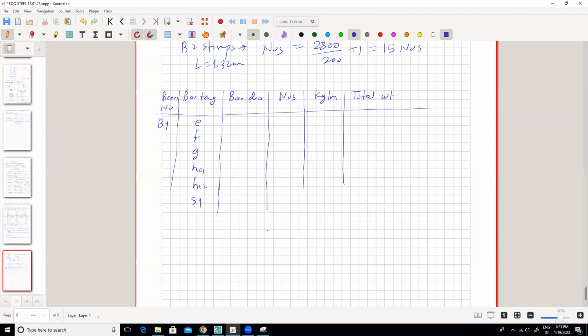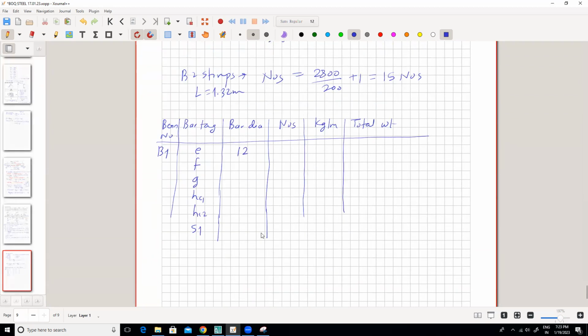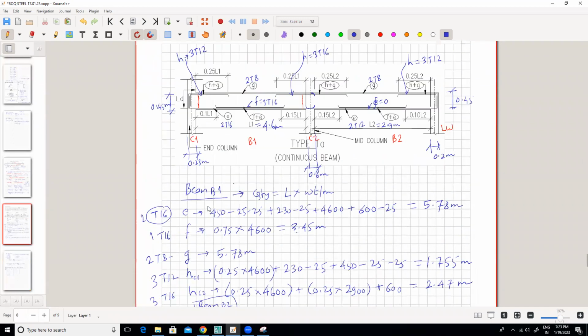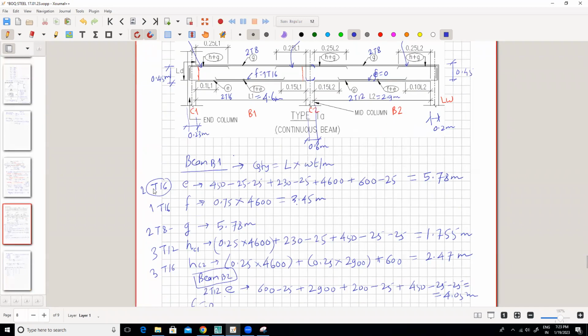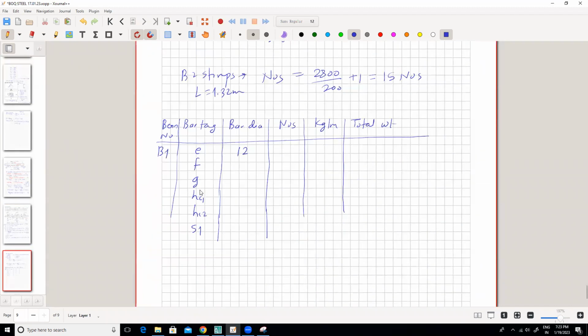Now you know E का कितना है bar diameter? 12. B1 देखो, E का 12 है, नो 16 है क्या? 16 है, 16 है और 2T16 है, दो बार है. So 16, two numbers, kg per meter is 1.57 na?